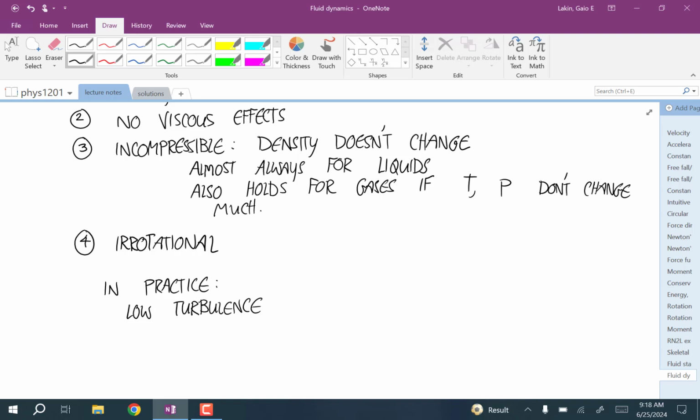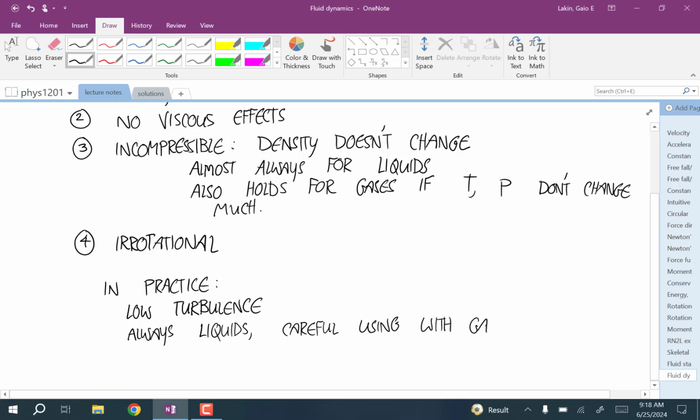That's non-turbulent flow. So this only applies when there's not much turbulence. And like I said up above, this always applies to liquids. But if you're going to use this with gases, you have to be careful. So be careful using this with gases.